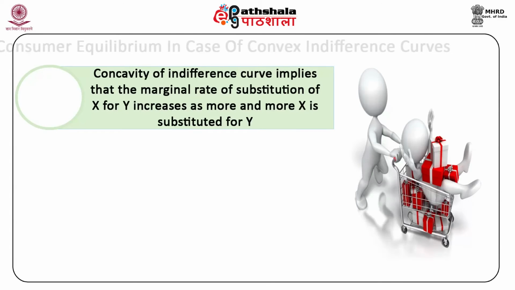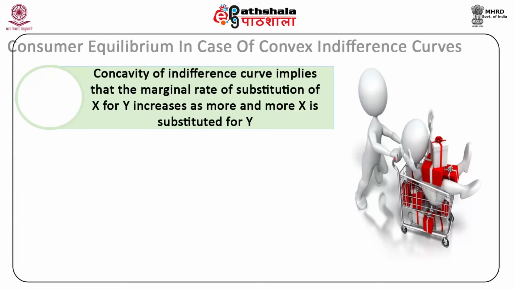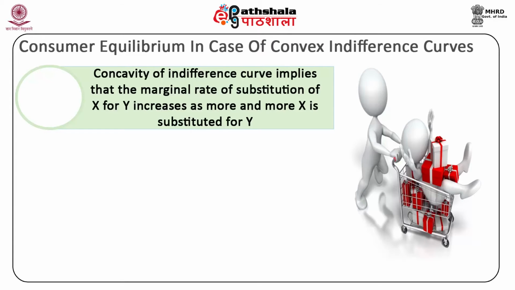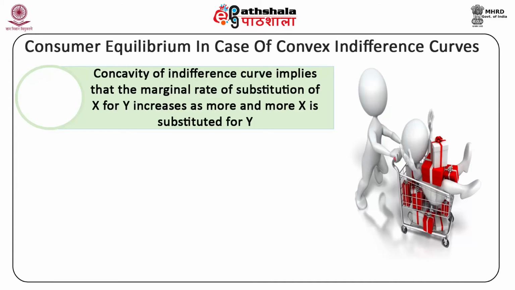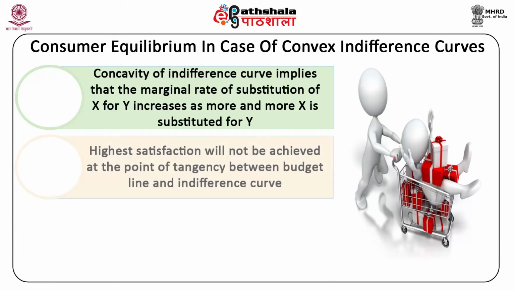Concavity of indifference curve implies that the marginal rate of substitution of X for Y increases as more and more X is substituted for Y. In case of concave indifference curves, highest satisfaction will not be achieved at the point of tangency between budget line and indifference curve.